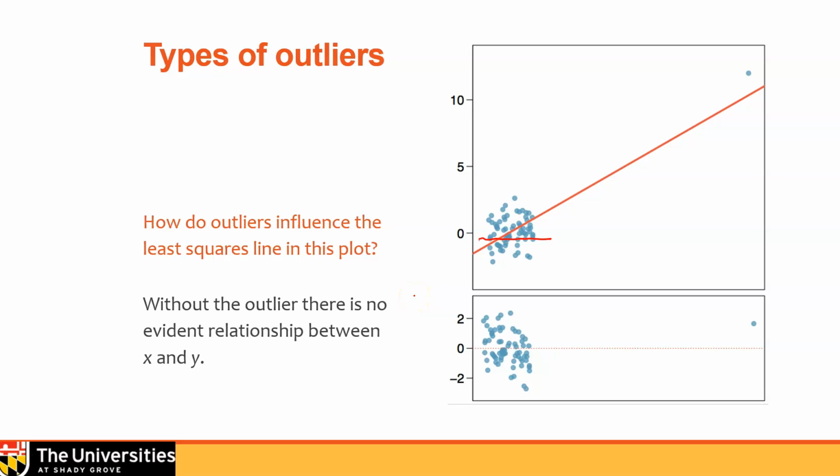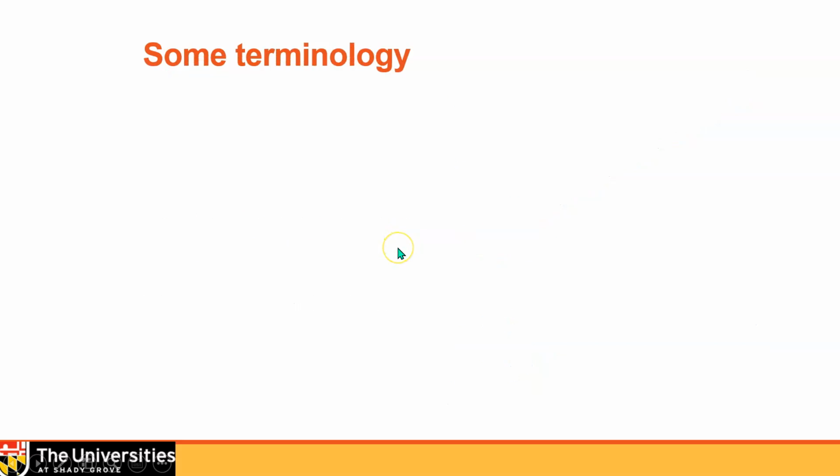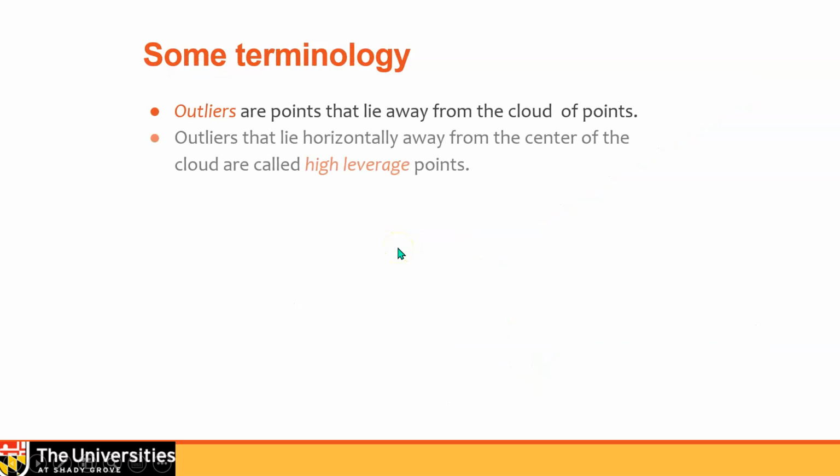So not so much of a relationship. So this was an influential outlier. It influenced the linear relationship, and since it did, perhaps it's something we want to exclude so that we can be more accurate. So here's some terminology.